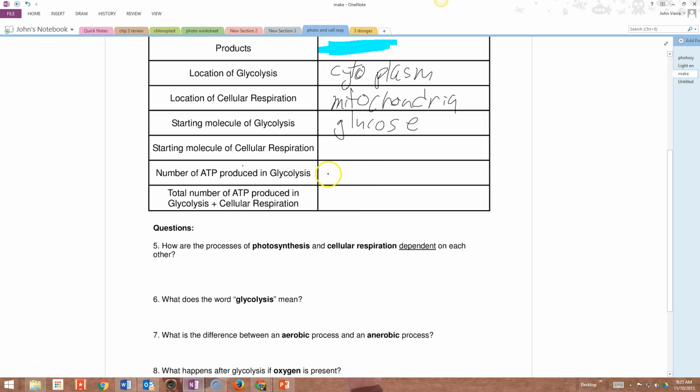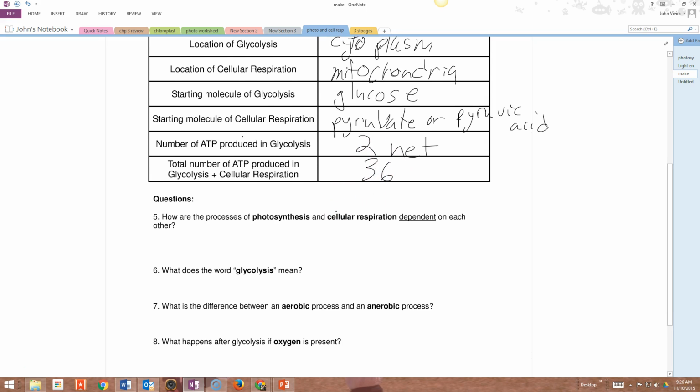So after glycolysis, it splits it into pyruvate or pyruvic acid would work. Pyruvate, 2 molecules of each. Number of ATP producing glycolysis: 2 net. Right? It actually produces 4, but it's only a 2 profit gain, right?